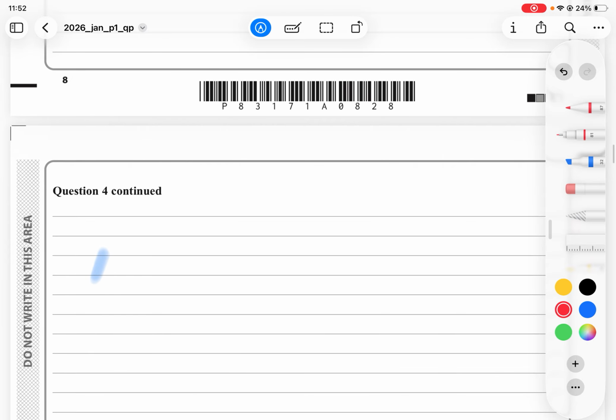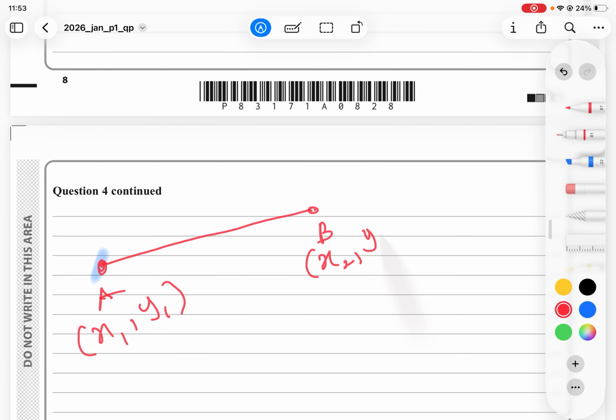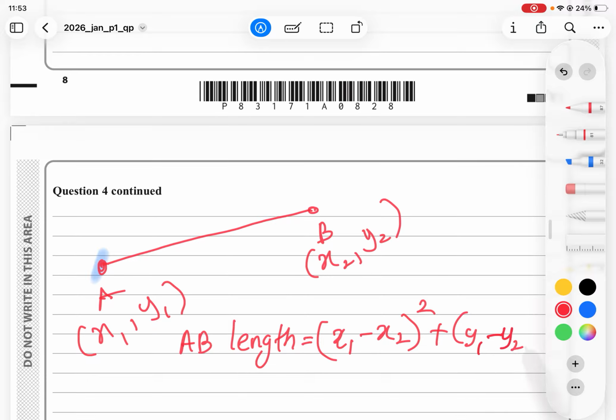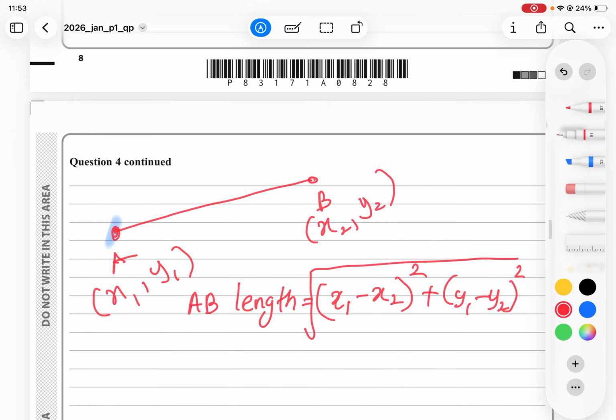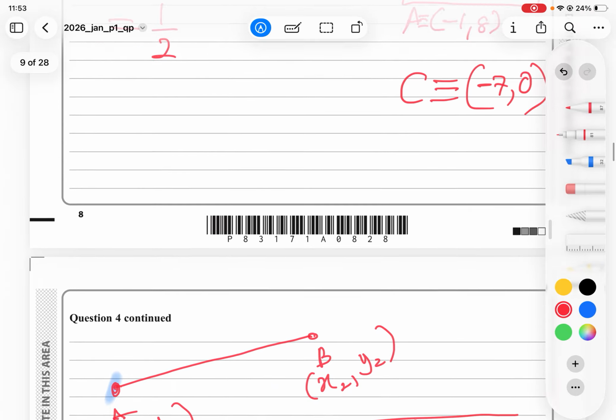If this is point A and this is point B, if this has x1 comma y1 and this has x2 comma y2, the AB length would be the root of x1 minus x2 whole thing squared plus y1 minus y2 whole thing squared. So this is how you get the length between 2 points. Similarly, we can apply the same for this one.